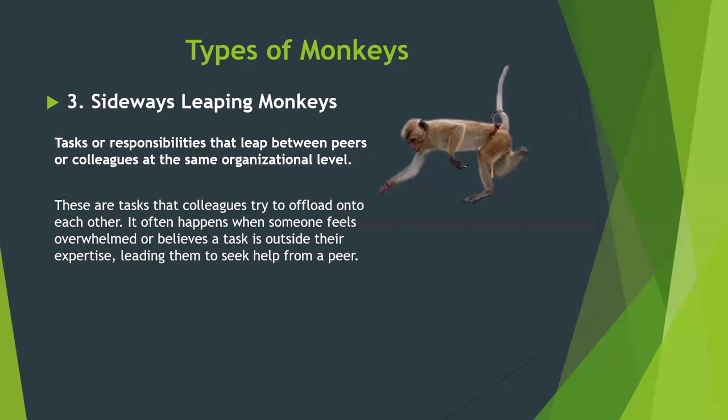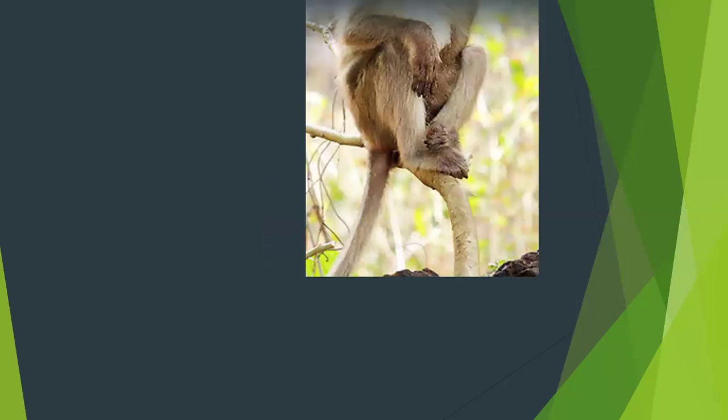Now, this manager takes my time and says, I cannot speak, Mr. So-and-so or Mrs. So-and-so should speak on my behalf using my time because I cannot speak. No. I can just learn a public speaking skill, others can teach me. So we call this kind of monkey sideward leaping monkeys.